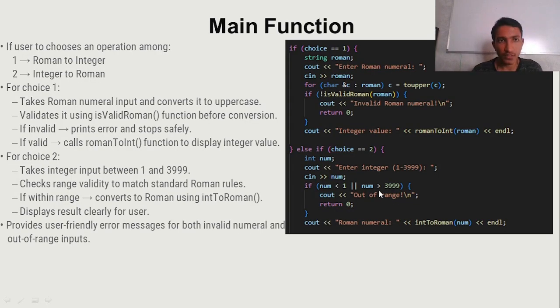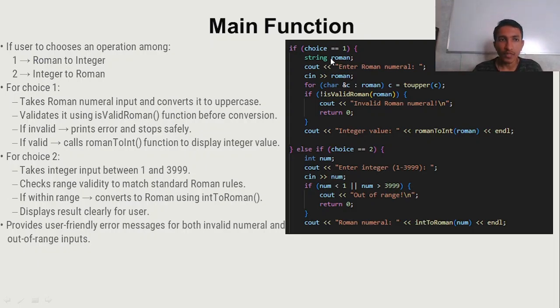Now, if the user chooses an operation among 1 and 2, that is Roman to integer or integer to Roman, we have this code. For choice 1, if choice is equal to 1, it takes Roman numeral input in the form of string data type and stores it in a variable named roman.